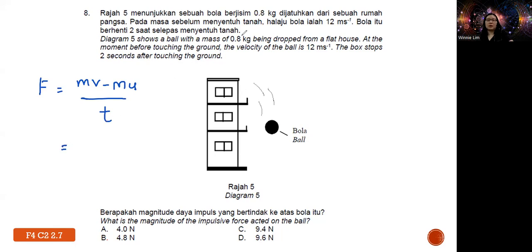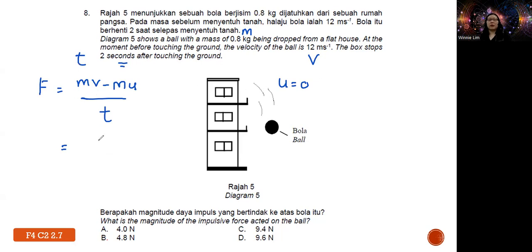Okay, so in the given question, 0.8 is referred to mass. So by right, when you drop any object initially, you should have 0 velocity, right? Just before it touched the ground, it has the maximum velocity, and the time is 2 seconds.